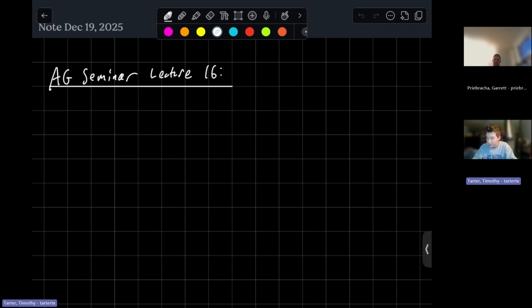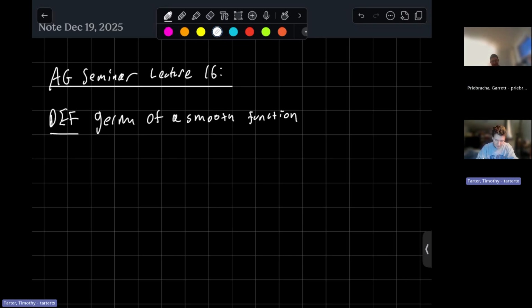We're going to talk about the germ of a smooth function. We've talked about this in Hartshorne. Definition: germ of a smooth function.